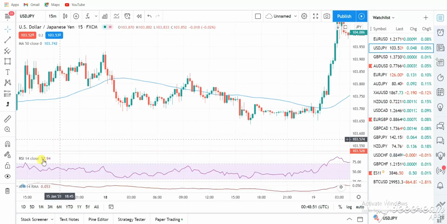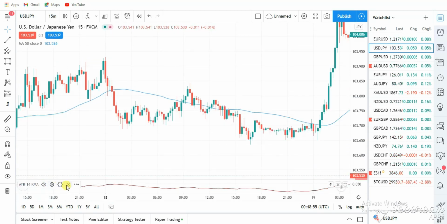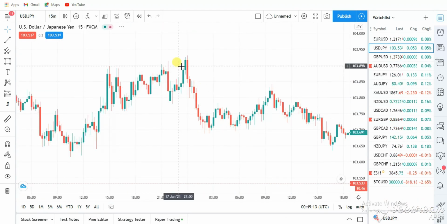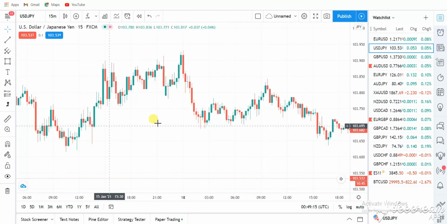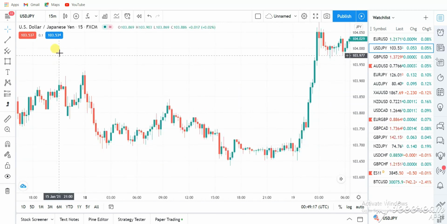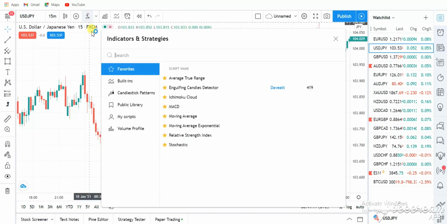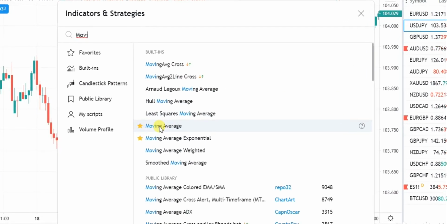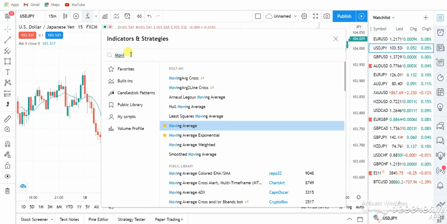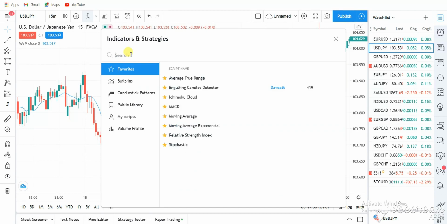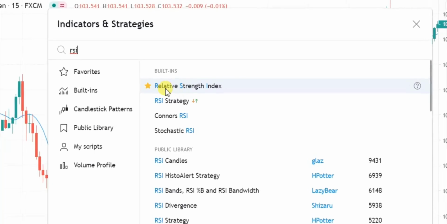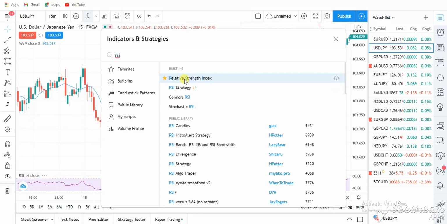Alright guys, so this strategy is going to be very simple. Let me just clear the chart and get everything fixed. So this is a plain chart, there's nothing on it. The first indicator we'll be needing is the moving average. You click on it, and the next indicator is going to be the RSI, the relative strength index, and that's it.